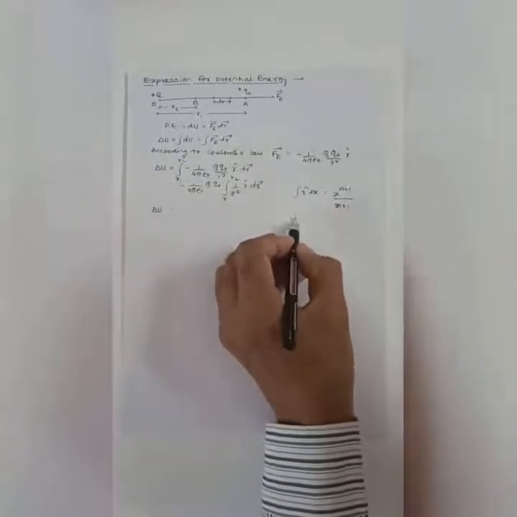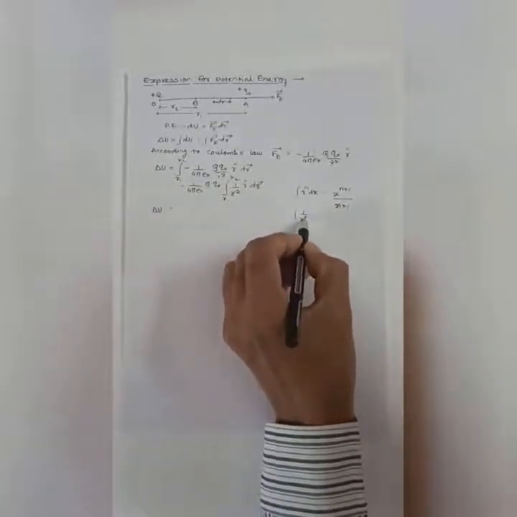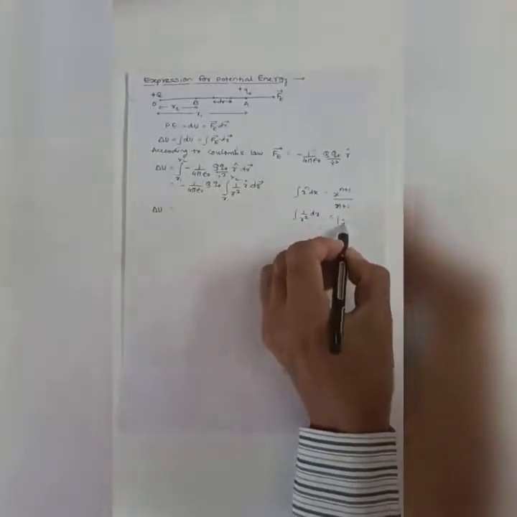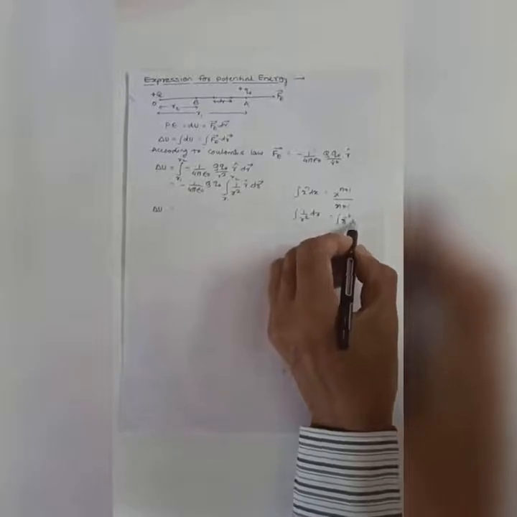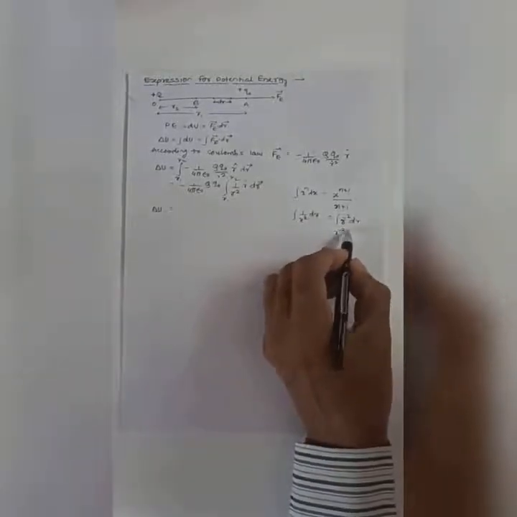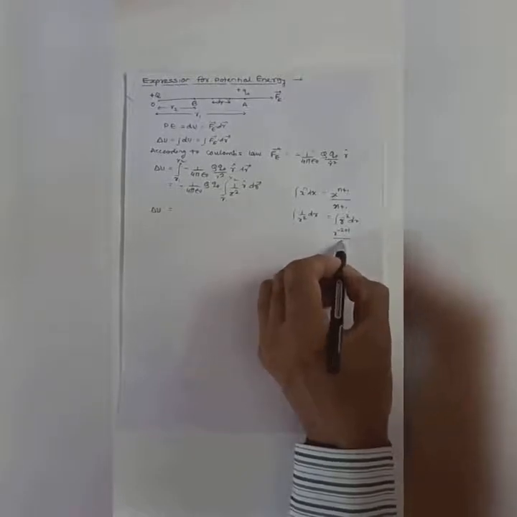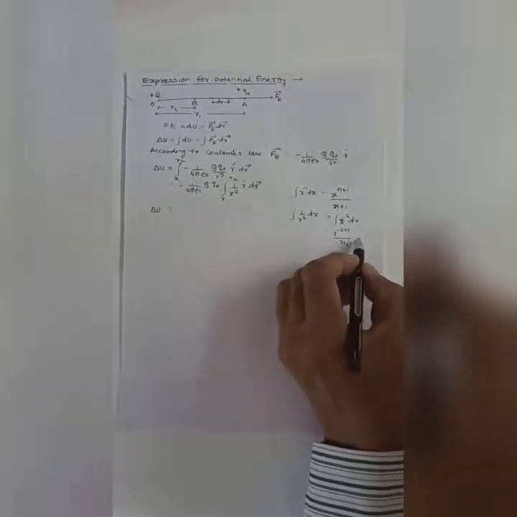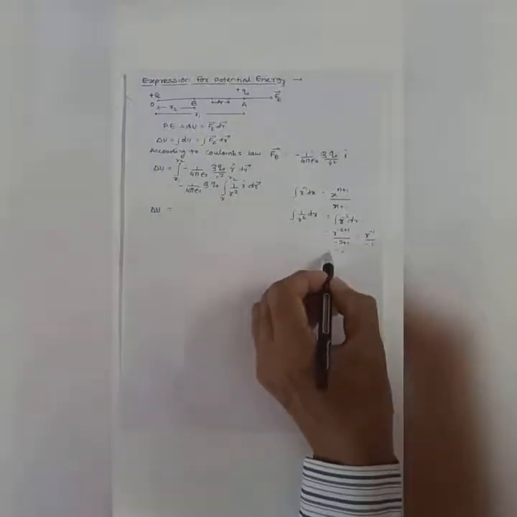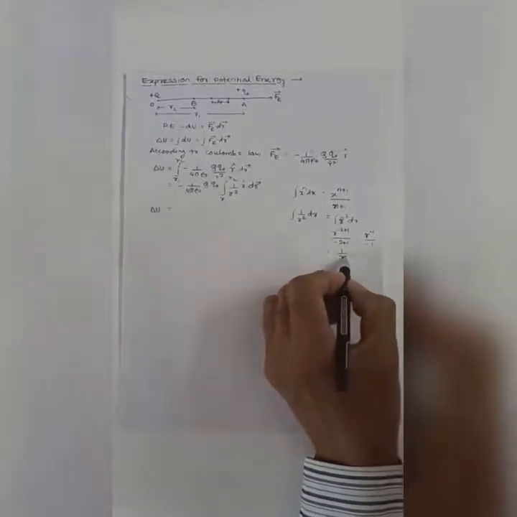Here integration of 1 upon r square dr is equal to integration of r raised to minus 2 dr, which is r raised to minus 2 plus 1 upon minus 2 plus 1, so it is equal to r raised to minus 1 upon minus 1, which means minus 1 upon r.